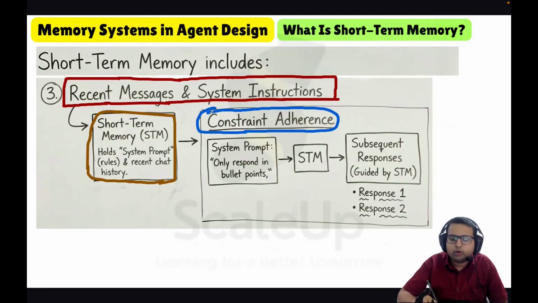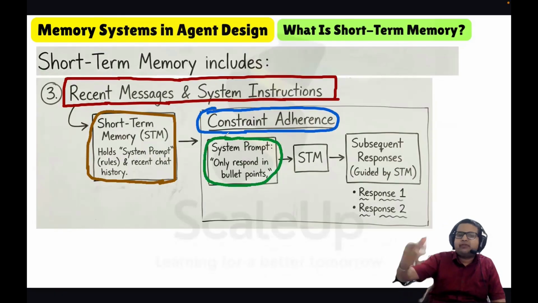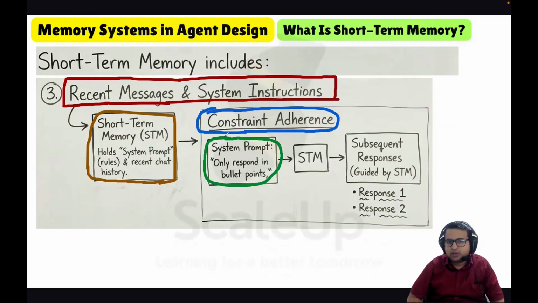Like if you told the agent at the start of the session to only respond in bullet points, that's a system prompt. A system prompt is giving instruction to the large language model how to behave. That is the system prompt.